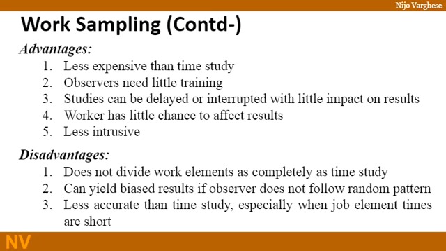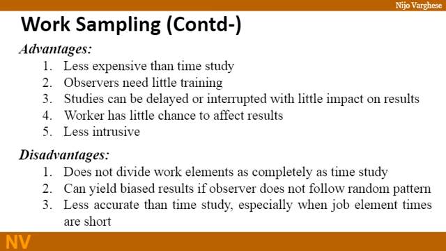Studies can be delayed or interrupted with little impact on results. In case of time study, we cannot interrupt the study or delay the observation. In case of work sampling, this can be delayed as well as interrupted with little impact on results. And the worker has little chance to affect the result.